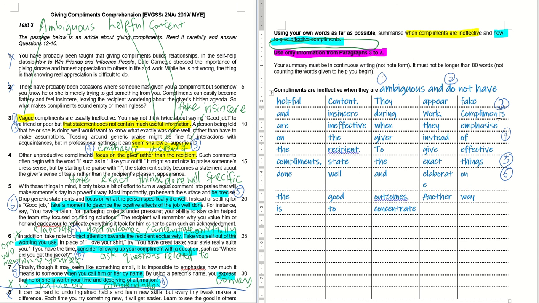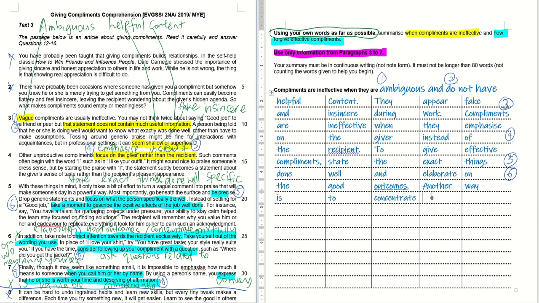Sorry, the one a bit too tight here. Right, concentrate on the recipient instead of the giver.